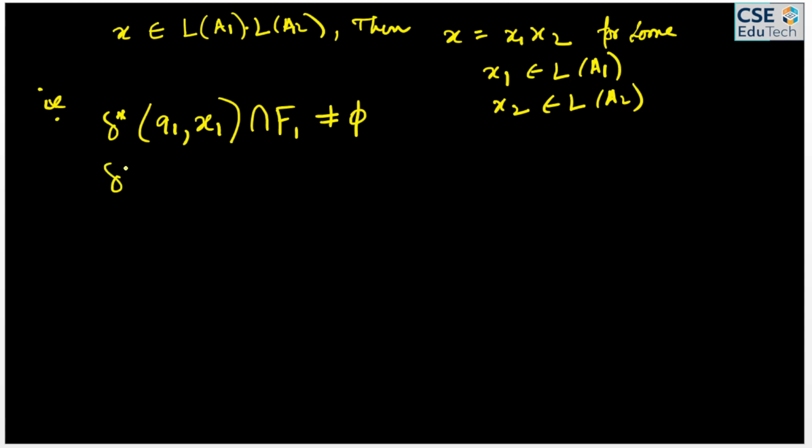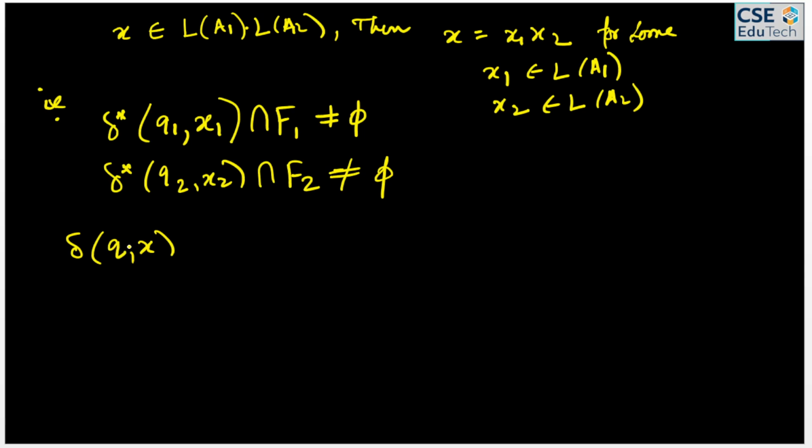And starting from q2, after processing the string x2, if we make intersection with the final states of the automaton A2, it should not be null. Right? So now delta q comma x, q is any state and x is the string that we need to process. So we can write it in that way.